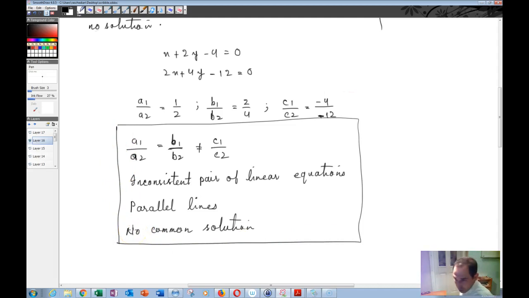So now that we basically understand these three situations, we will go and solve a few examples over here. Let's see what we have over there. I think we have example number 4 somewhere over here.